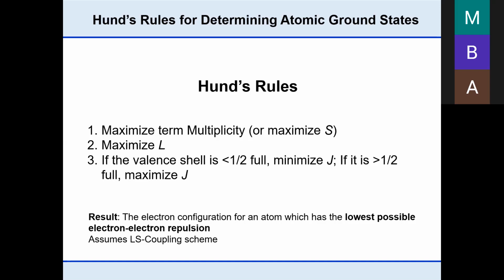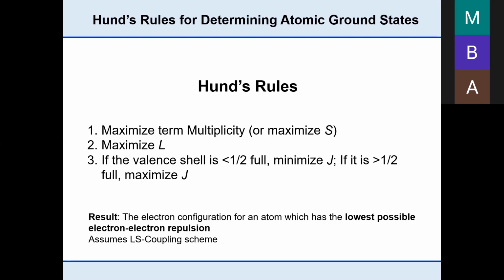The second rule is to maximize L, which is the orbital angular momentum of our ground state. Just recall that the largest L value is going to be the largest possible big M sub L value, which is the sum of the individual small m sub L components from all of the different electrons.